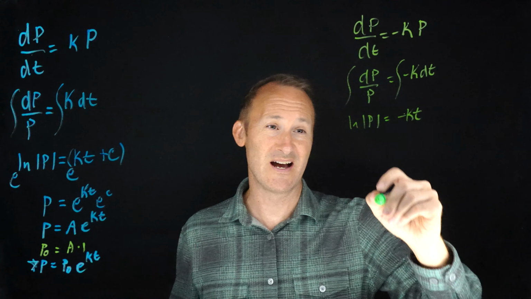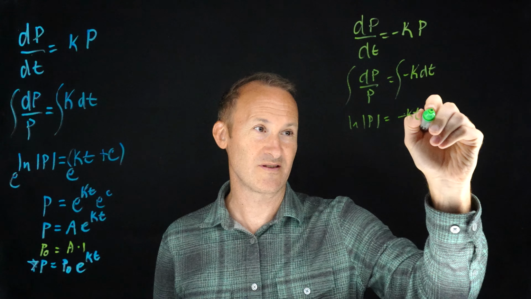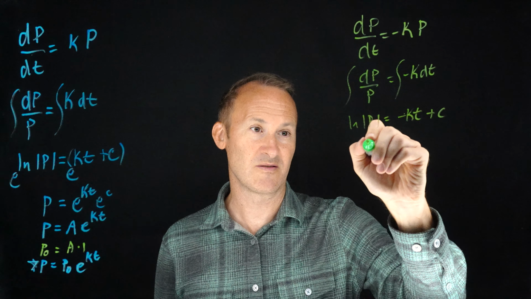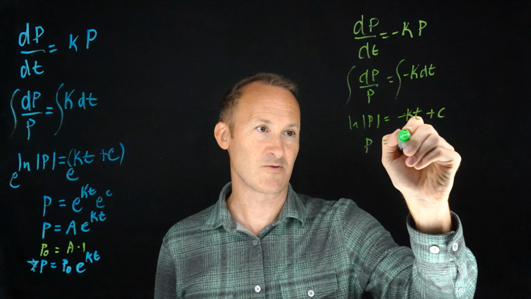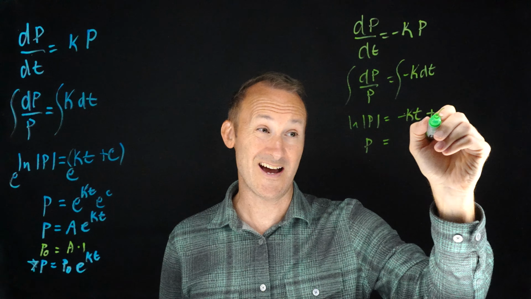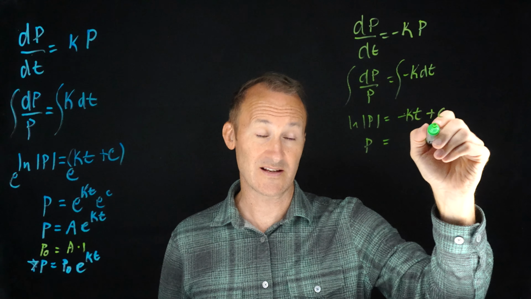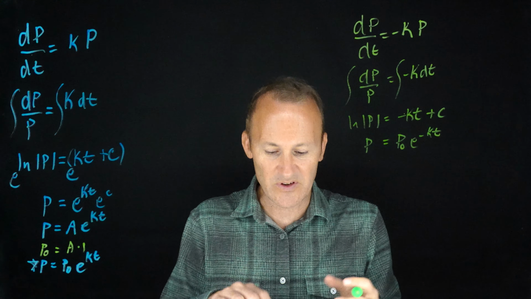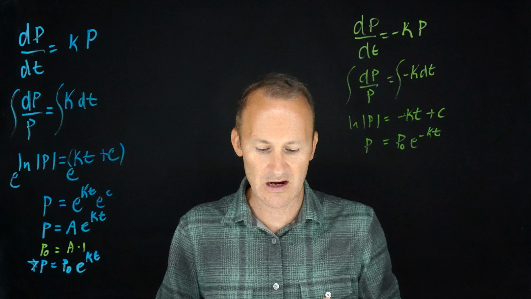You take e to both sides, plus C. You get the population equals e to the negative kt times e to the C, that's A, which is P naught. So it's P naught times e to the negative kt.